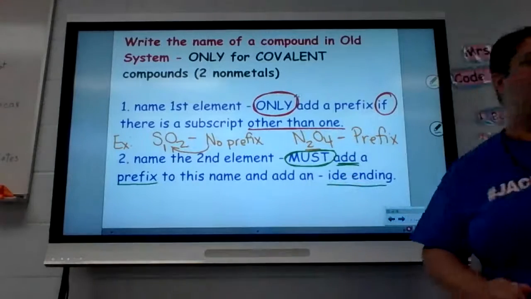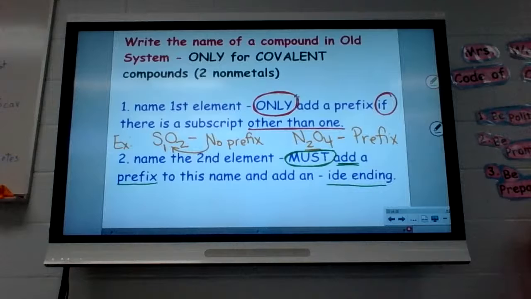Most of us don't forget IDE at this point. At least I hope not. I haven't graded the quizzes, but I'm assuming that we can remember IDE at this point. But on the second element, you always add a prefix. It doesn't matter how many there are, it gets a prefix. The first one, you have to figure out whether you need it or not. The second one gets it regardless. Are you with me on that?